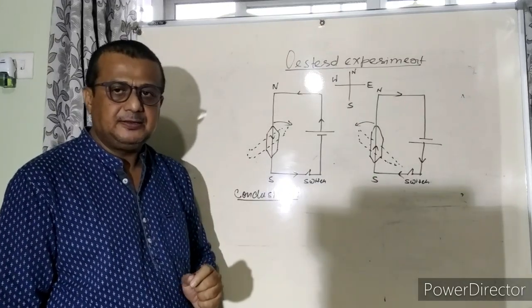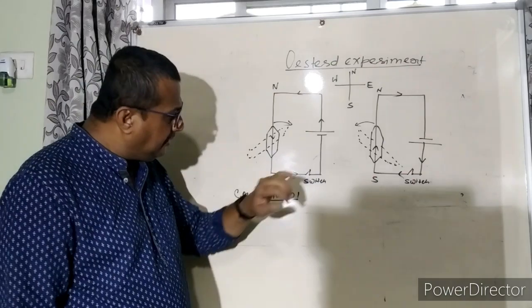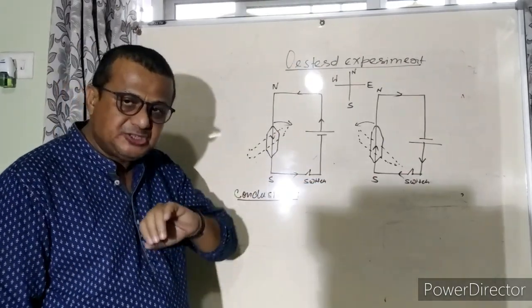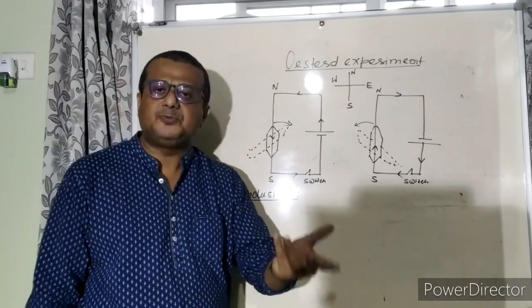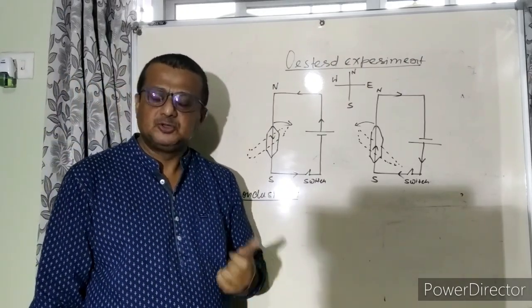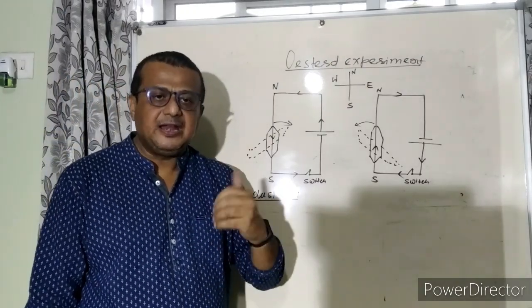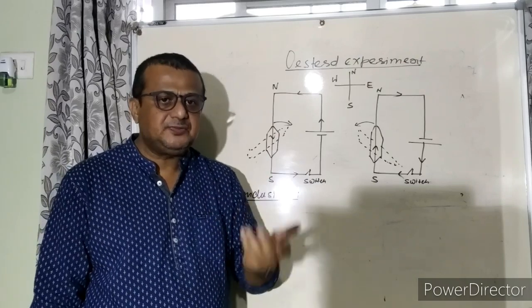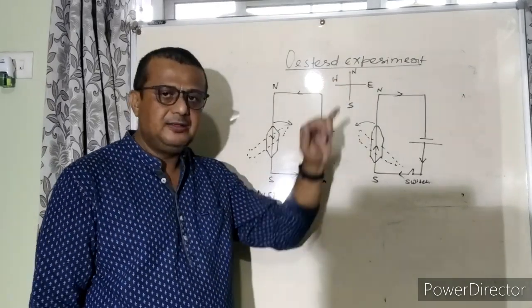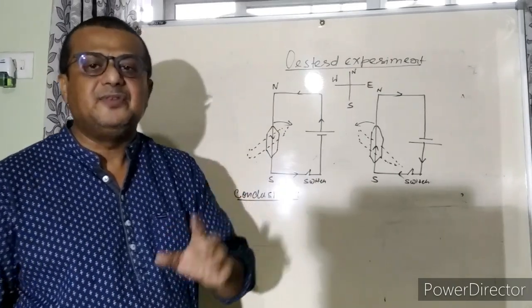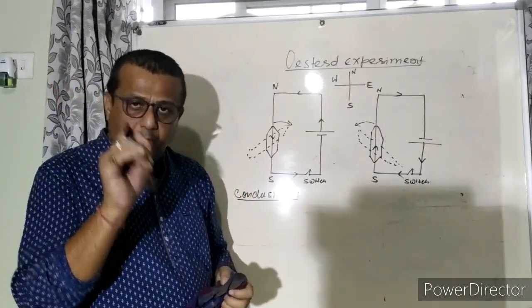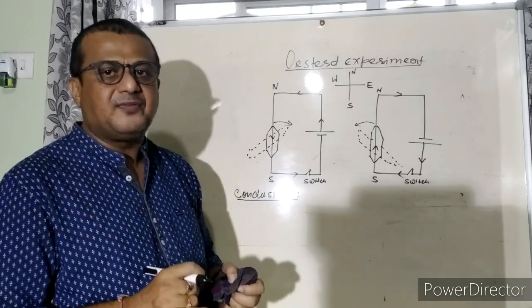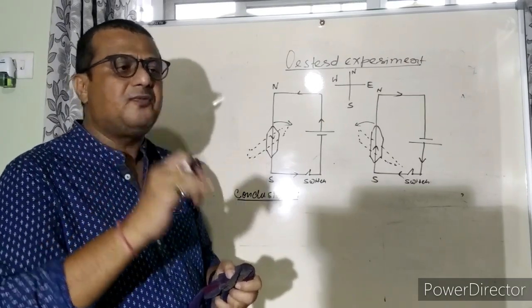It proves that when current flows or charge flows through a wire, and you know that flow of charge is called current, then magnetic field generates. It means flow of charge or flow of current is the source of magnetic field.